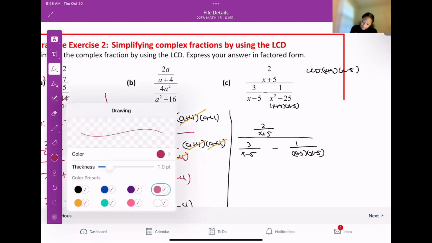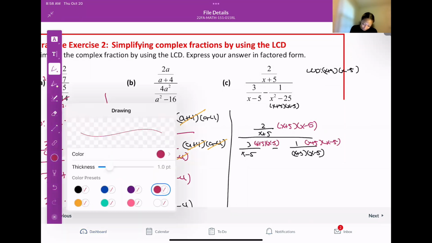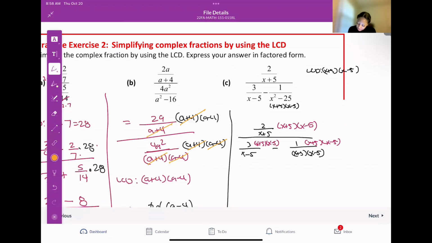If we multiply everything by the LCD, x plus 5 times x minus 5, then x plus 5 times x minus 5 in each place. What happens here? In the numerator, the x plus 5s cancel. In the denominator, for the first term, the x minus 5s cancel. And then for the other term, everything cancels except the 1.